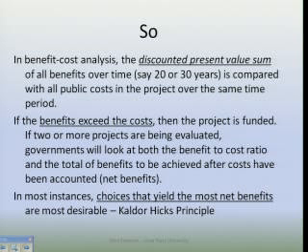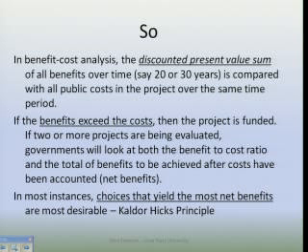In most instances, the choices that yield the most net benefits, the numerical net benefits, are most desirable, not necessarily the choices that have the highest ratio. The choices that produce the most net benefits for society, and that's where getting back to that Kaldor-Hicks principle as well.